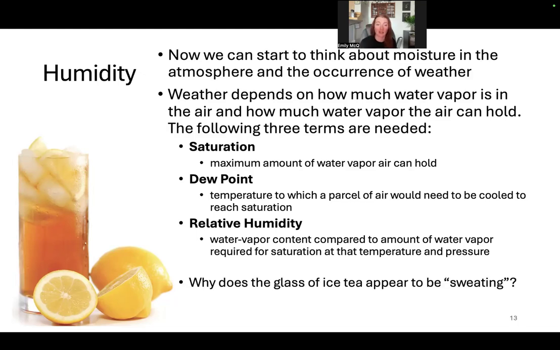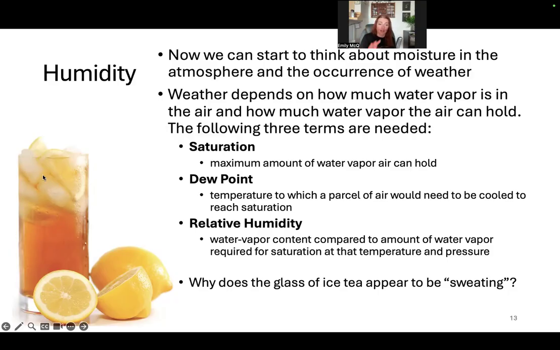This glass is sweating. This is what I was getting at. Because the gas on the outside of this glass has water in it. Most atmosphere has some amount of water in it. In fact, all atmosphere has some water in any capacity. But when you're in a warmer environment and you're drinking an iced tea, you get this condensation, and there is this idea that the condensation is coming from the liquid in the glass, but it's not.